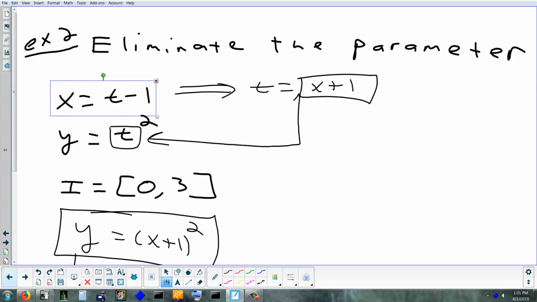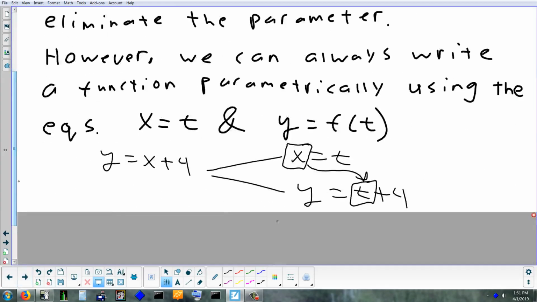We actually had to do a plus 1, get t by itself, and then plug in what we got for t. Well, here, t is already by itself. So plug in what you have for t, x, and then it becomes y equals x plus 4. And that's exactly what he gave me.